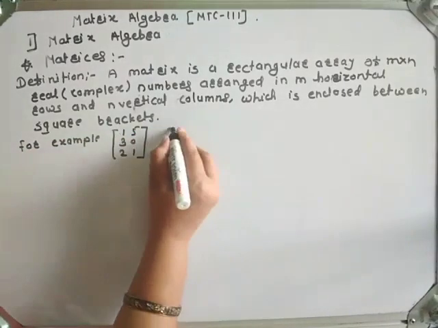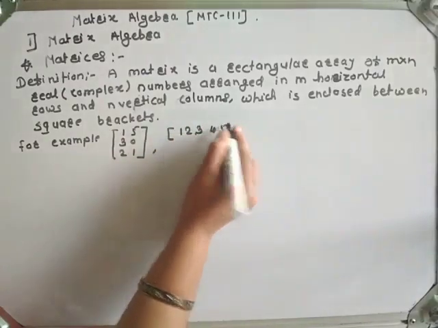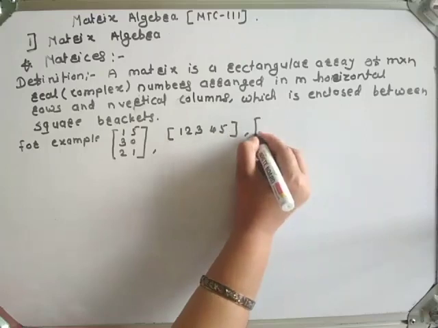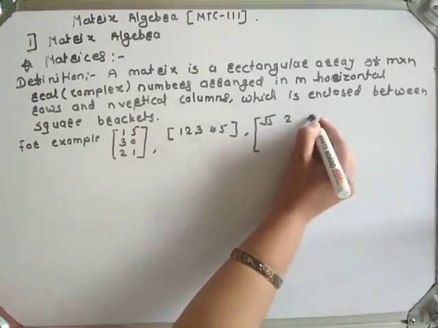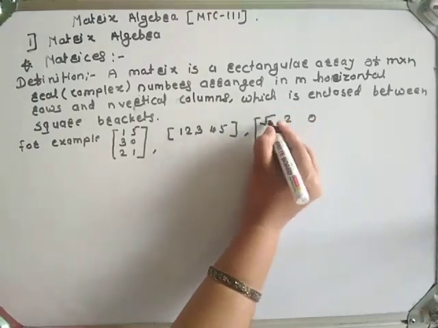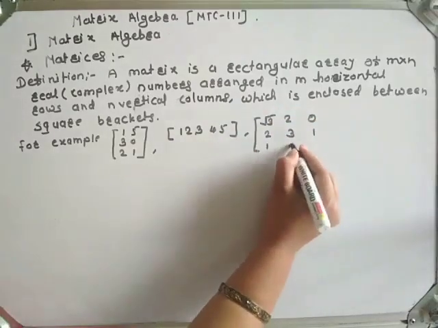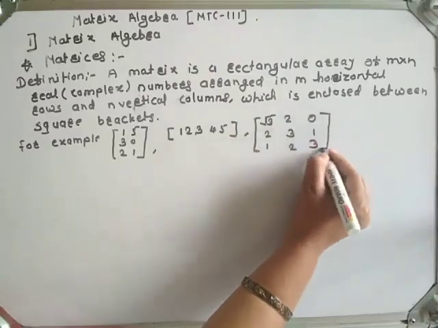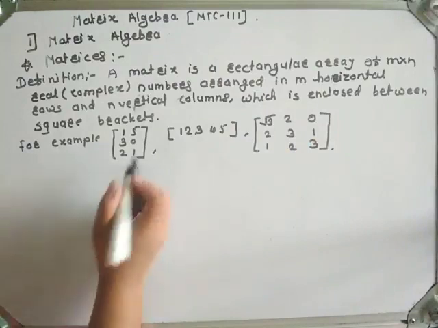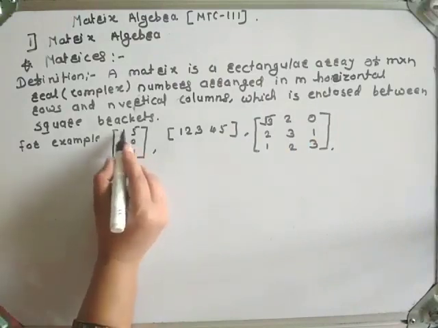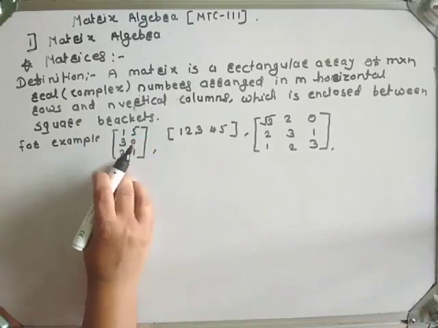Second example is 1 2 3 4 5. Third example is root of 3 2 0 2 3 1 1 2 3. These are the examples of matrices. These are the horizontal rows and this is a vertical column.